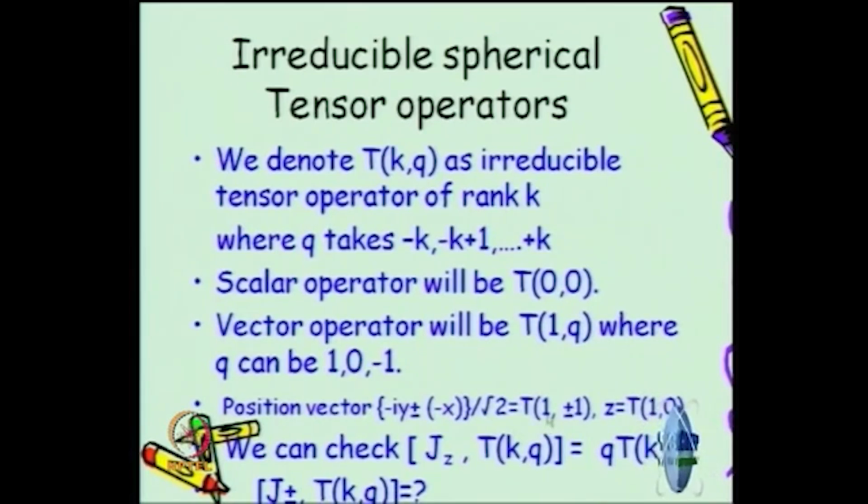The T1 with q plus or minus 1, we will take it to be this, and we'll see why this is true. I want you to do this for the position vector. At least check for the position vector where T1, plus or minus 1 is this, T1,0 is z. Please check what we get. So let's do it right away.